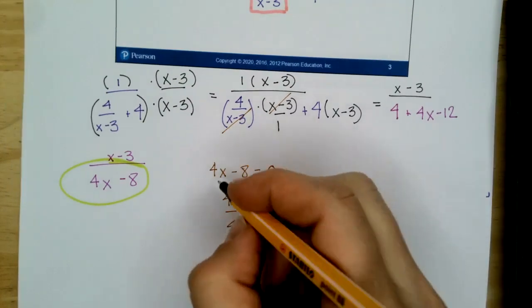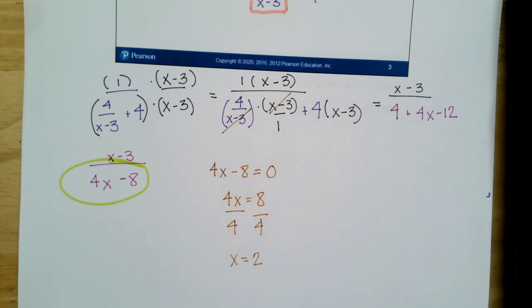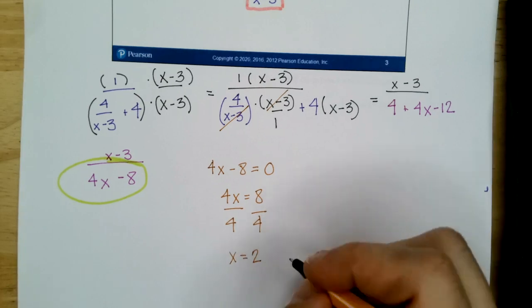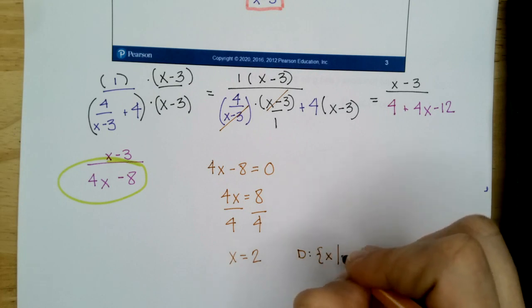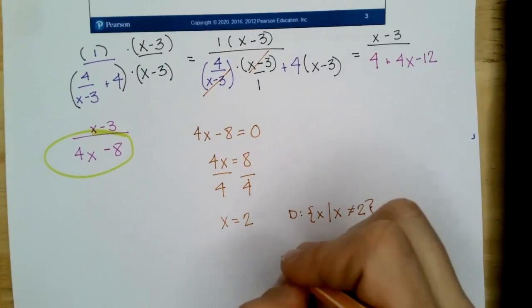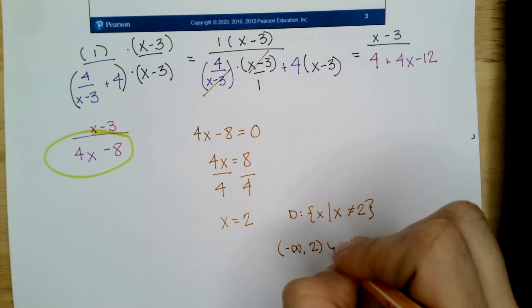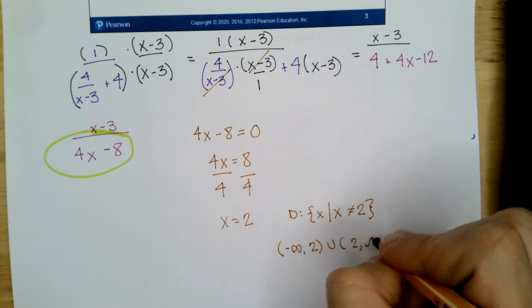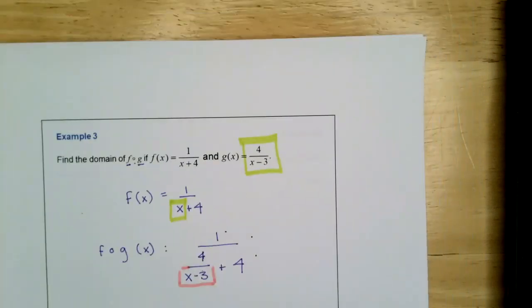Sorry, I just started doing it. x is equal to 2, and that is what you must eliminate from your domain. So your domain is all real numbers except that x cannot equal 2. Or the domain is from negative infinity to 2, and then 2 to positive infinity. Good?